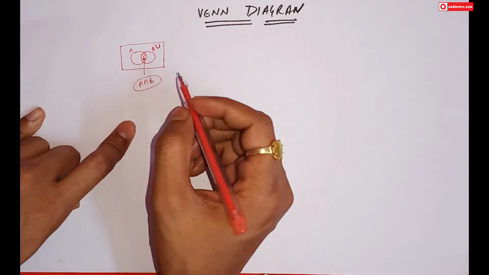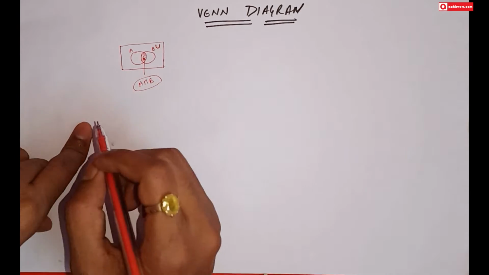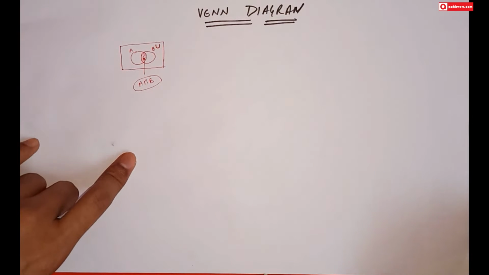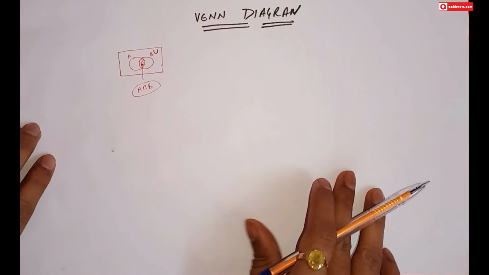Okay. So there are a few operations related to set which we will be doing with the help of Venn diagram. So first operation is union of a set.